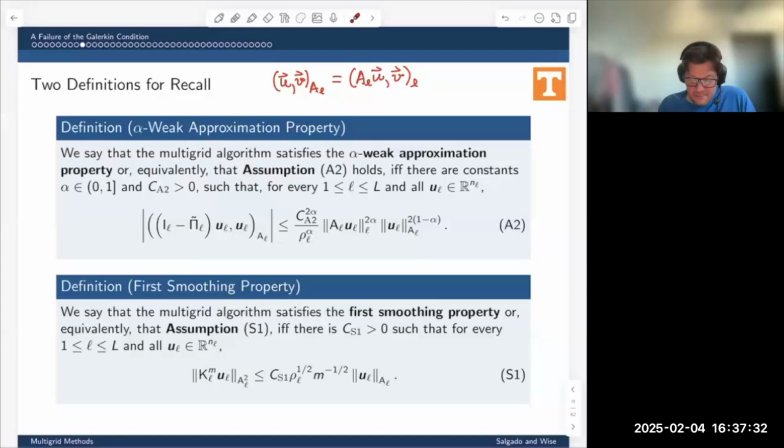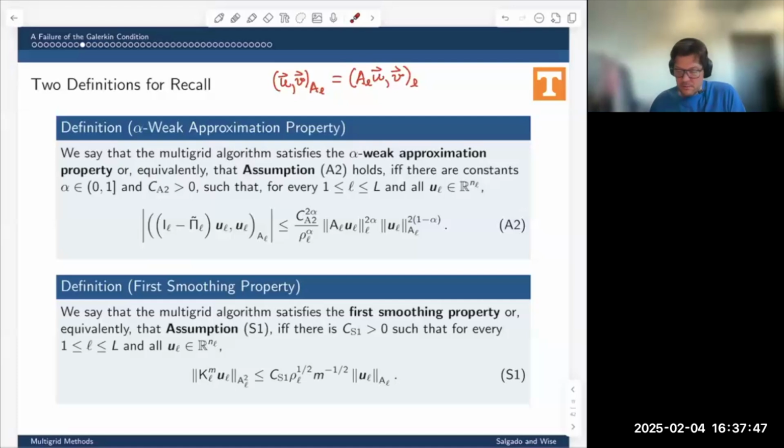The other thing we need is something called the first smoothing property, or property S1. That's what we're going to use most immediately. We say that a multigrid algorithm satisfies the first smoothing property, or equivalently, assumption S1. I said Smurf, didn't I?